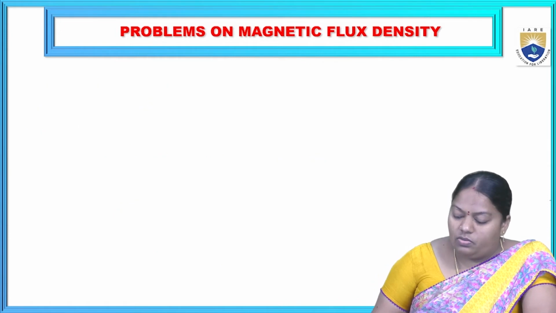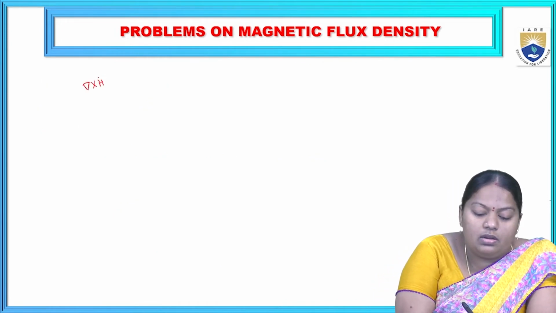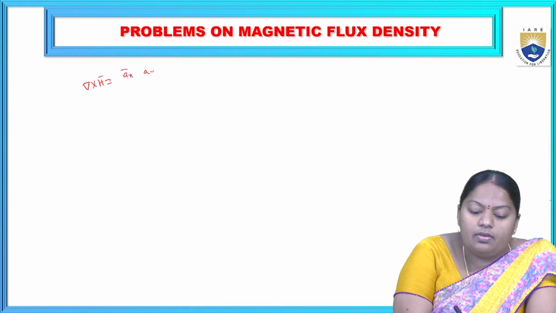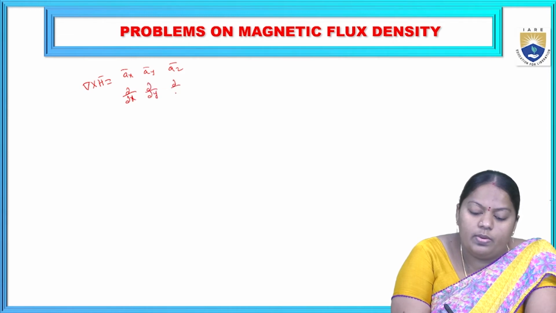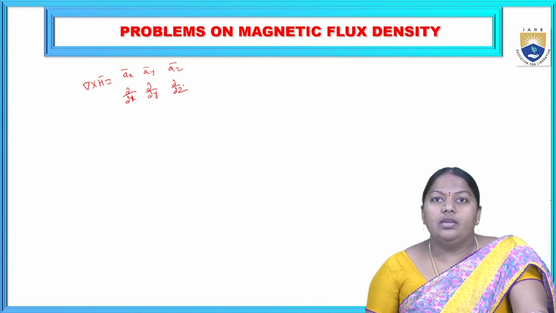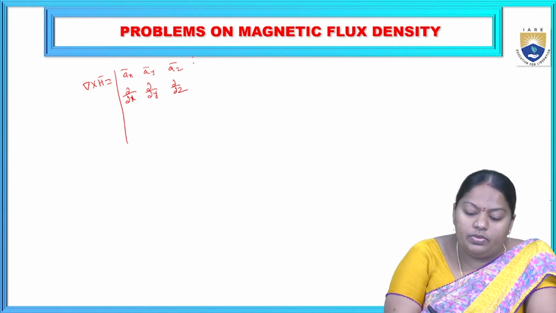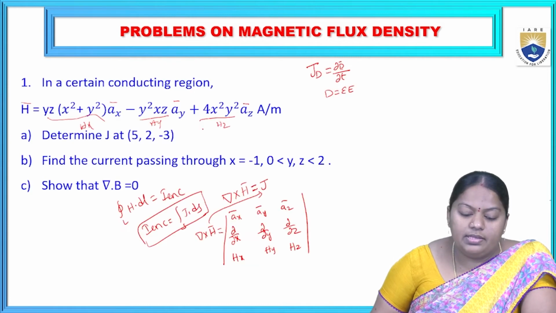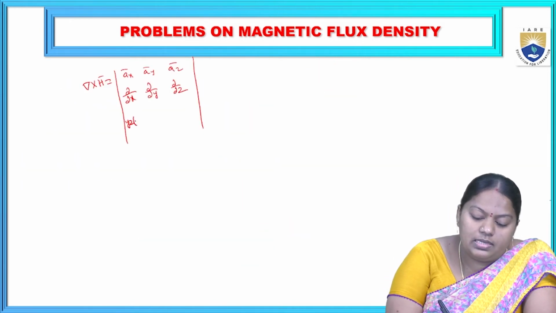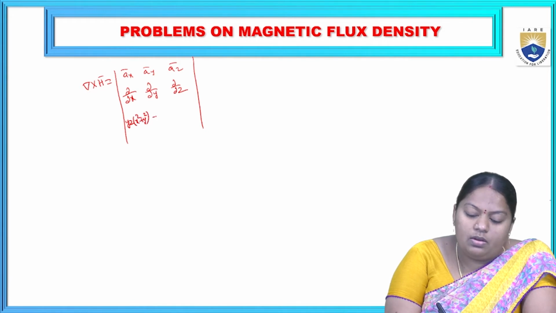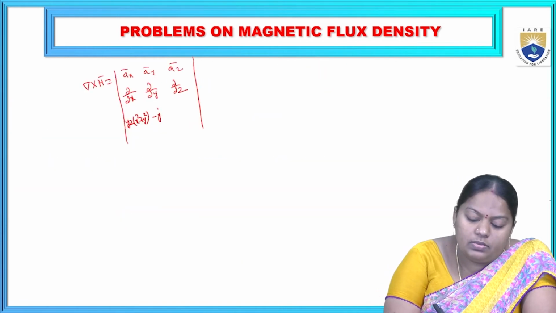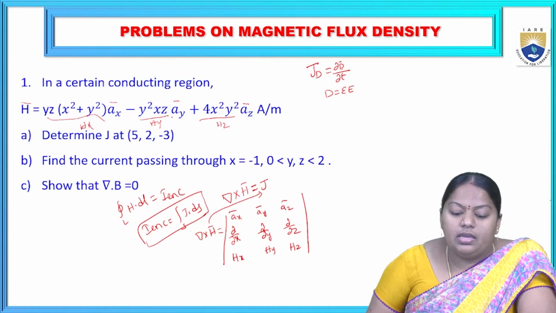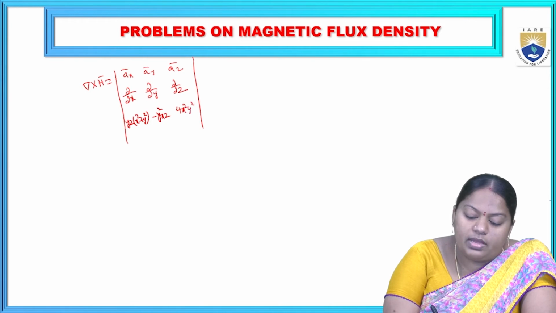Upon expanding this, del cross H bar equal to the determinant of ax, ay, az, dou by dou x, dou by dou y, dou by dou z. In the third row we write the magnitudes: yz into (x square plus y square), then minus y square xz, and the az component, Hz, is 4x square y square.